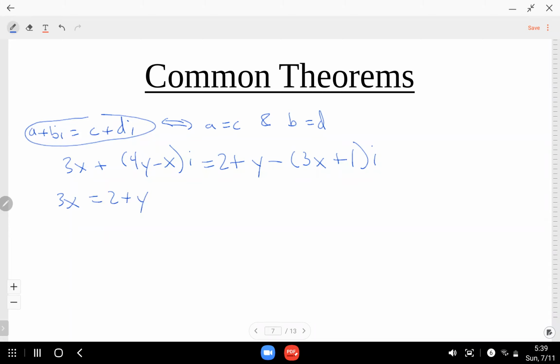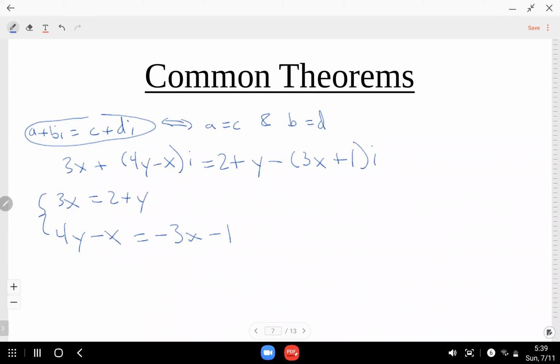And we can also get that 4y minus x equals negative 3x minus 1. Basically this and this. So using this theorem, we can just get a system of equations.